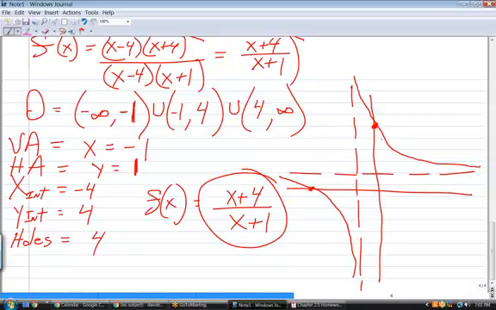Notice how they're almost always diagonally opposite from the grid that you have drawn. And the last thing I need to put in there is a hole. And the hole is at 4, which happens to be where it was supposed to cross the y-axis. Well, it still does, but there's a hole there, like that.